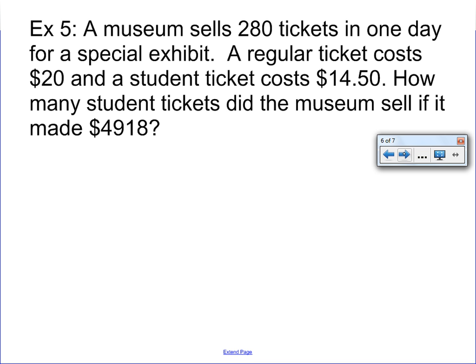Example 5 says, a museum sells 280 tickets in one day for a special exhibit. A regular ticket costs $20 and a student ticket costs $14.50. How many student tickets did the museum sell if it made $4,918? So I'm going to have to set up two equations. First of all, they tell me that they sell 280 tickets and that they sell regular tickets and student tickets.